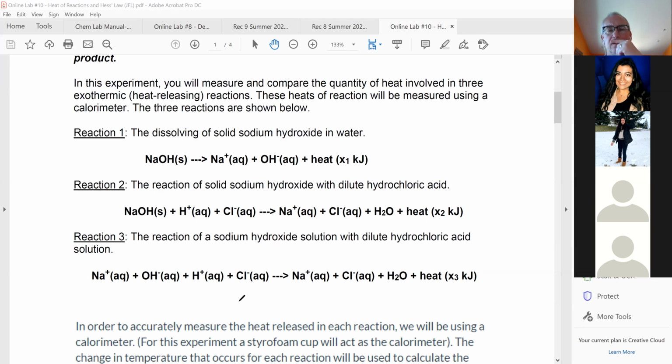Okay. But if I flip it, I don't have solid sodium hydroxide in reaction 3 anywhere. But wouldn't it cancel out in reaction 2 when you use reaction 1? So which two? Reaction 1 and 2 will cancel out, right? The NaOH, sodium hydroxide.